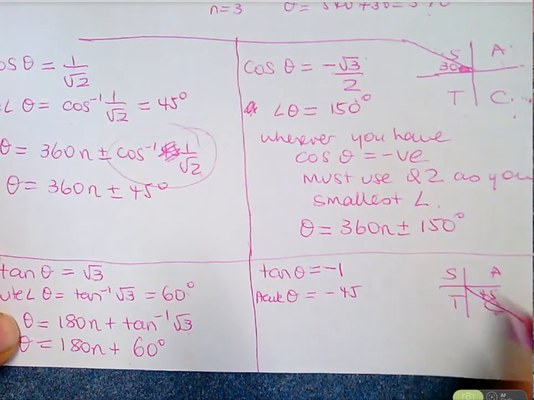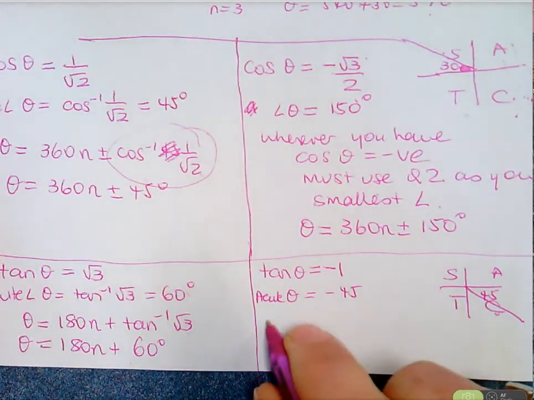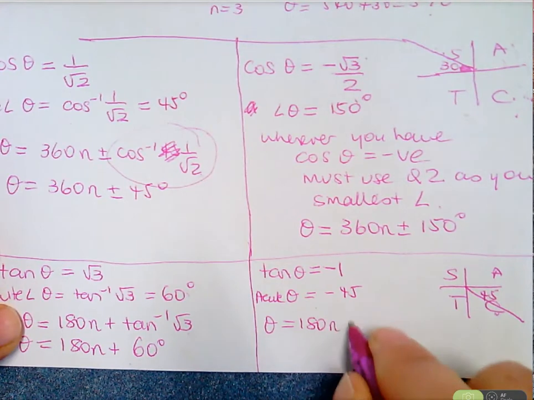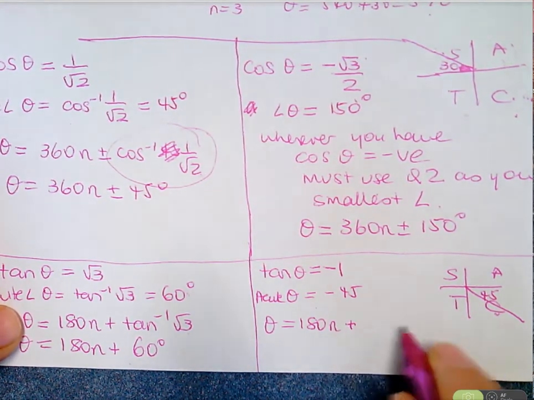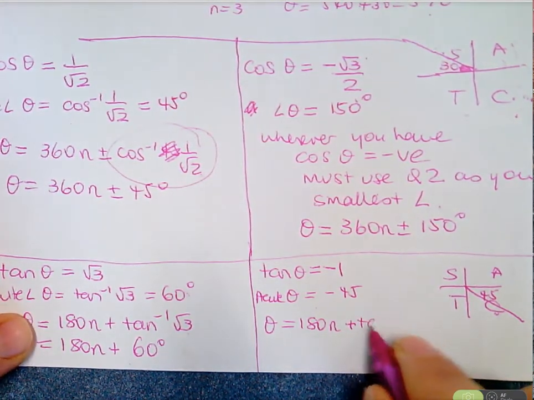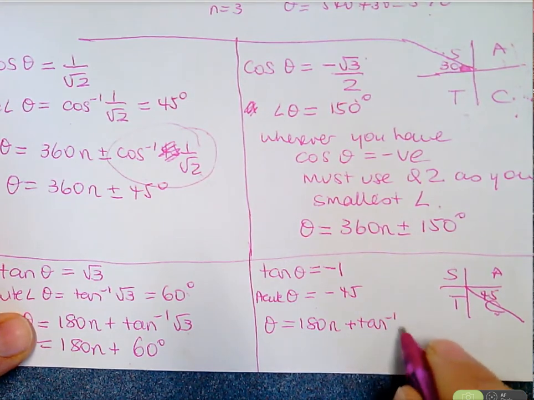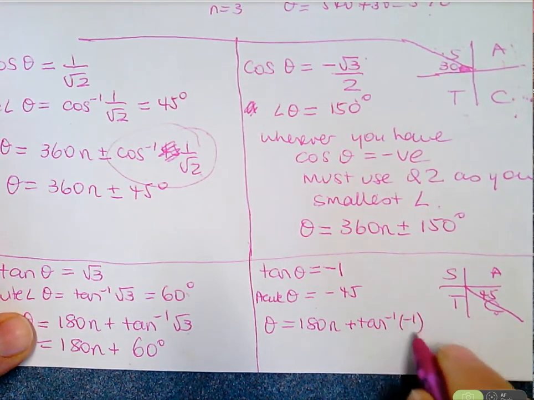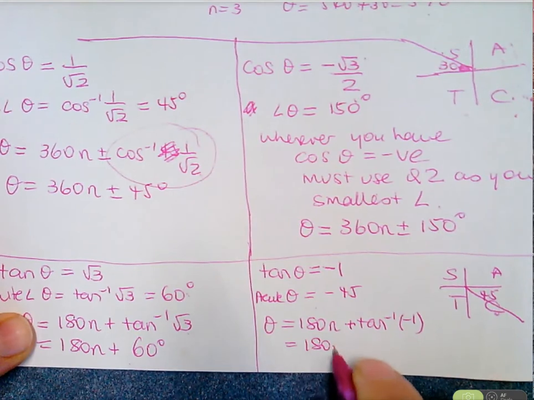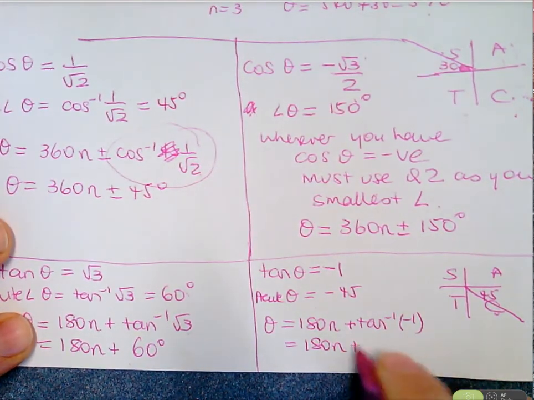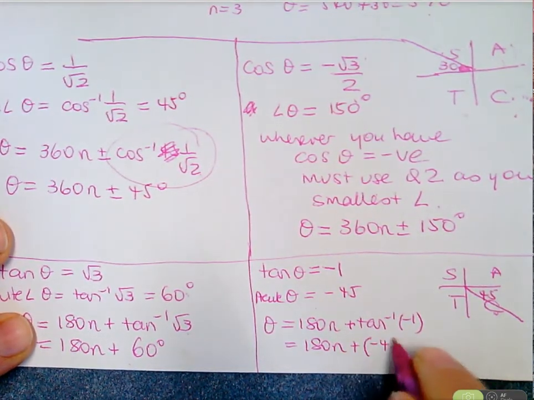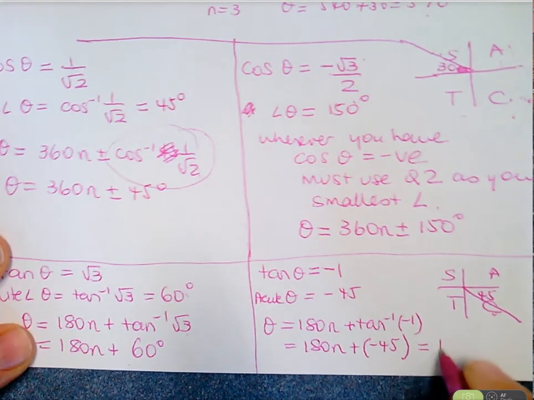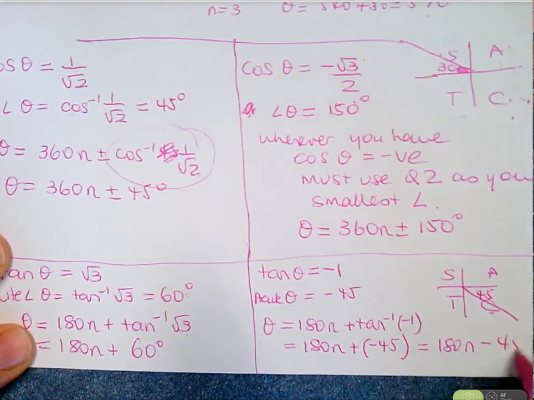It's down here. So therefore the formula is theta is 180n plus your angle. I don't like writing it like that. I would just go 180n plus negative 45, which is 180n minus 45.